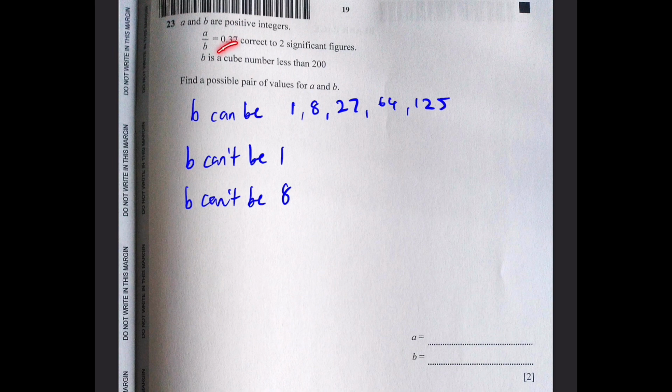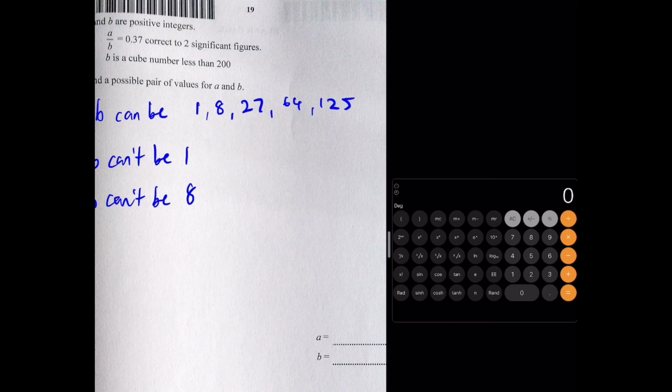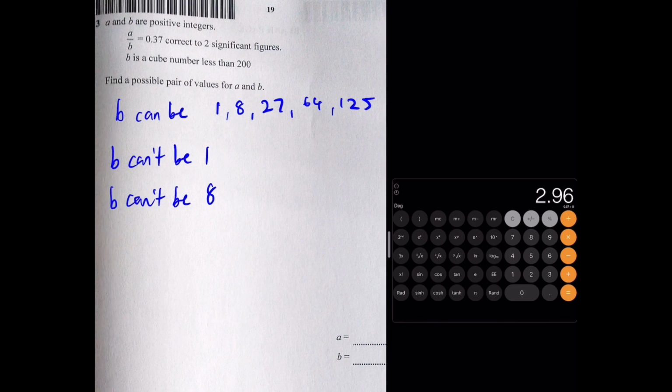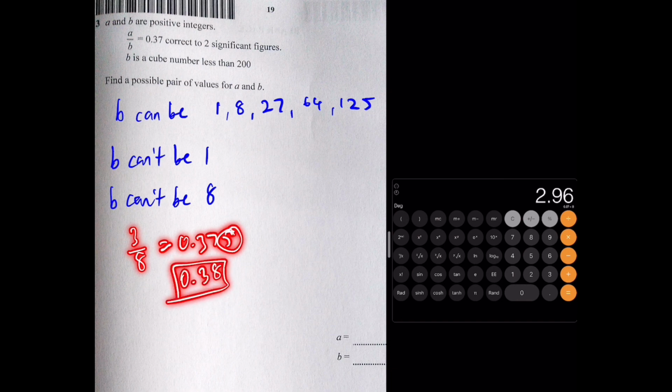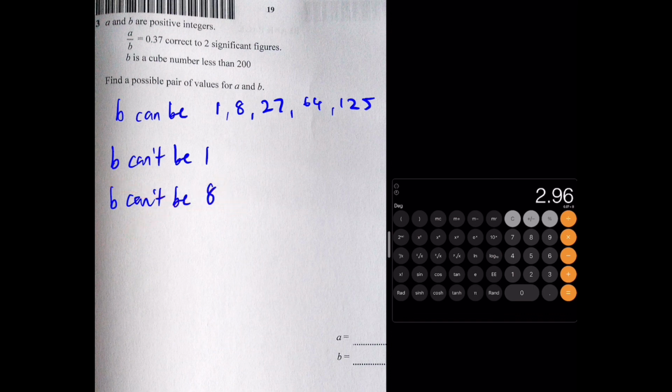So we multiply this by 8. Let's do that. So 0.37 times 8 is equal to 2.96. If we round this up to 3, that means 3 by 8 is equal to 0.375. But there's a 5 here, so it rounds to 0.38. So that's why B cannot be 8.